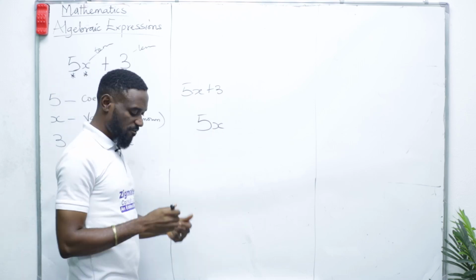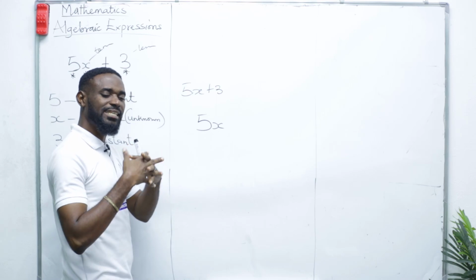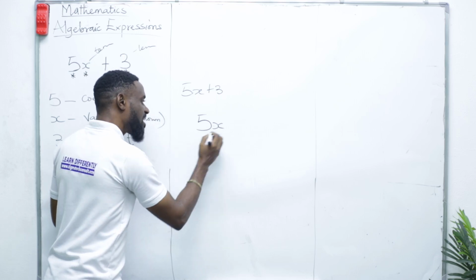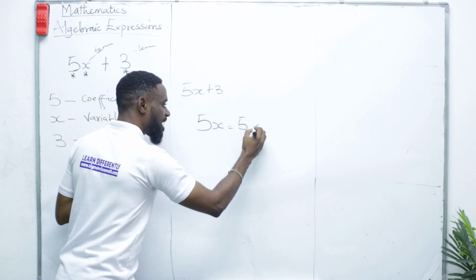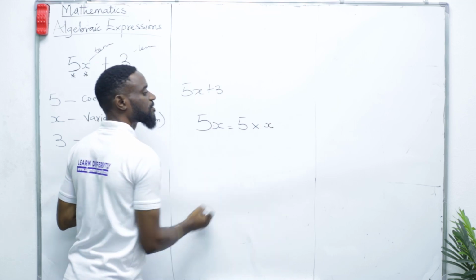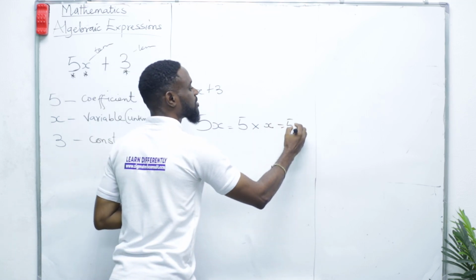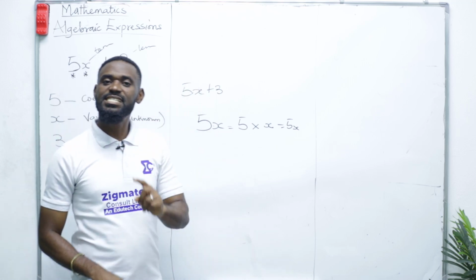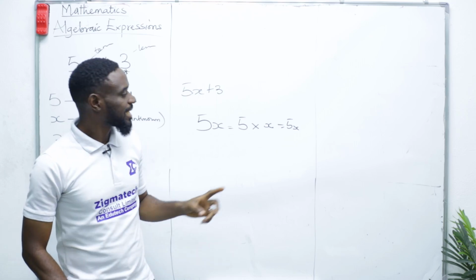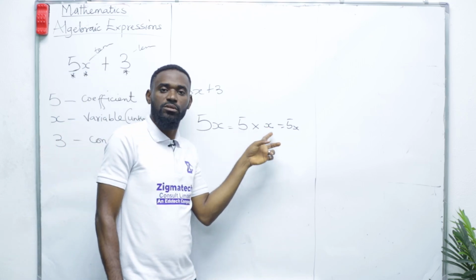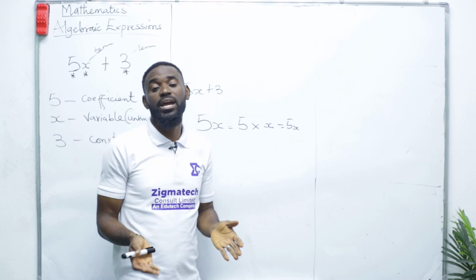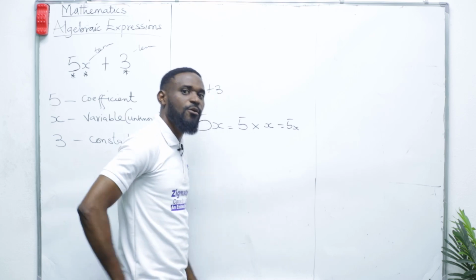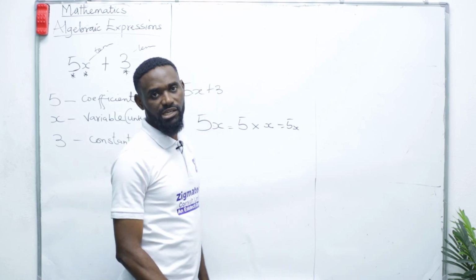That relationship is something that is connecting them that is invisible. That is multiplication. There's a multiplication sign here. This 5x is equal to 5 times x. So a coefficient is any number or any value that is multiplying a variable. Or in a layman's understanding, any number that is at the back of a variable. Do you understand me now?